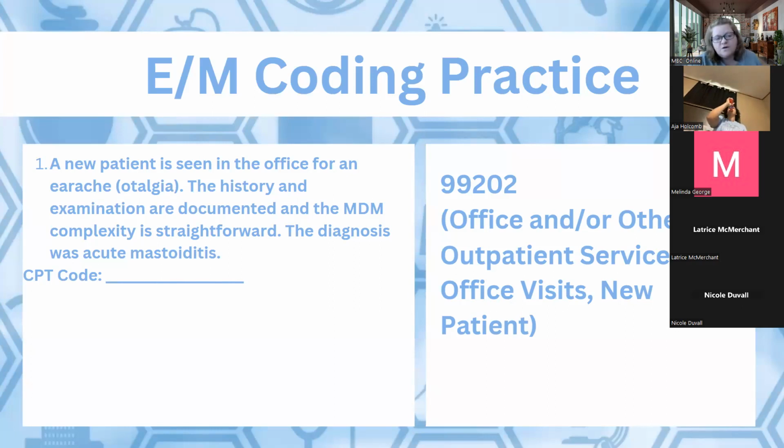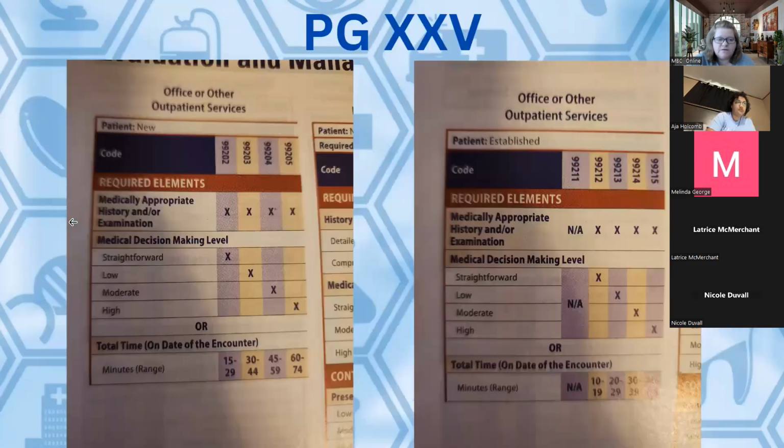All right, so this one is a new patient seen in the office for an earache. The history and examination are documented, and the medical decision-making complexity is straightforward. The diagnosis was acute mastoiditis. So this is a new patient, right? So we're going to be using the box to the left and not to the right.